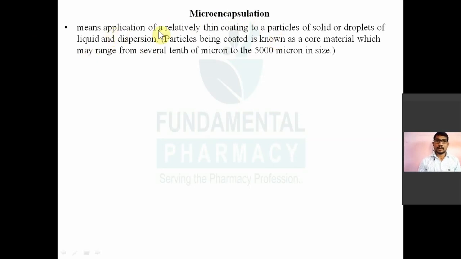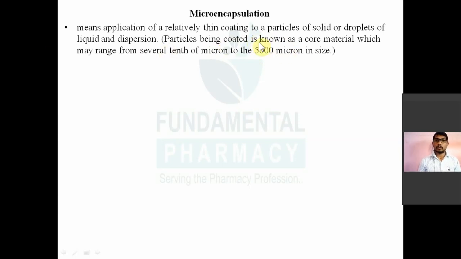Microencapsulation is the application of a relatively thin coating to particles of solid, droplets of liquid or dispersion. Whatever particle is being coated, whatever particle is being encapsulated, whatever particle is being enveloped, that is known as the core material.